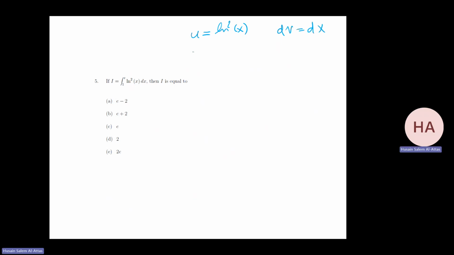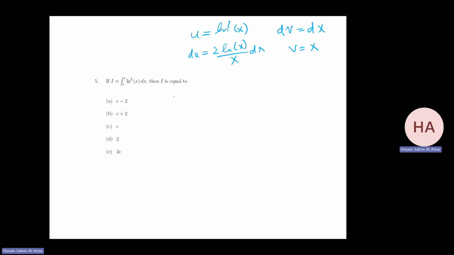Let us see what will happen. du will be 2 ln of x over x dx, and v here is equal to x.